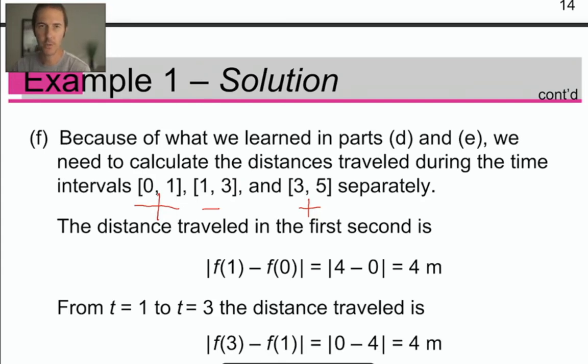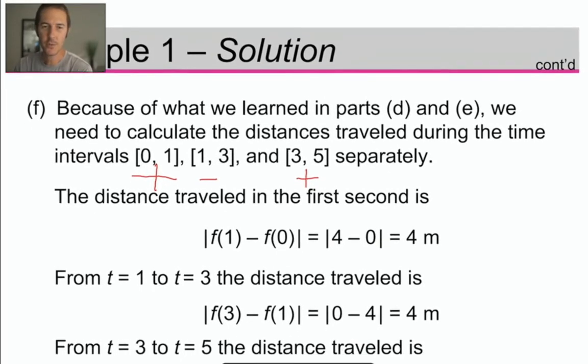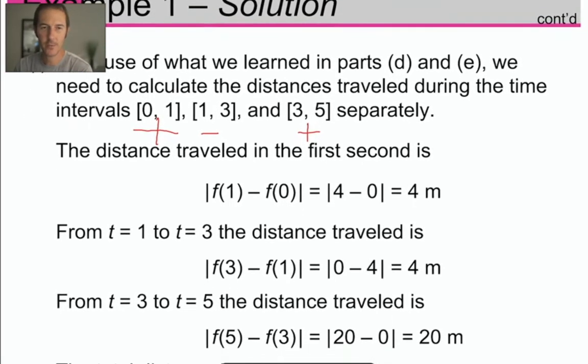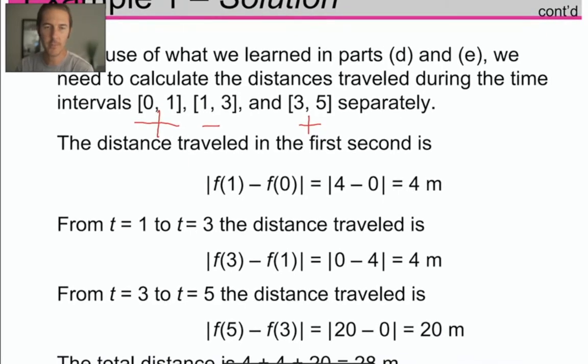And because I'm sure that was the call of the question, like 6 slides back when we saw f for the first time. So the distance traveled in the first second, between time values of 0 and 1, the total distance traveled is 4 meters. And how did we figure that out? What is this f of 1 and f of 0?